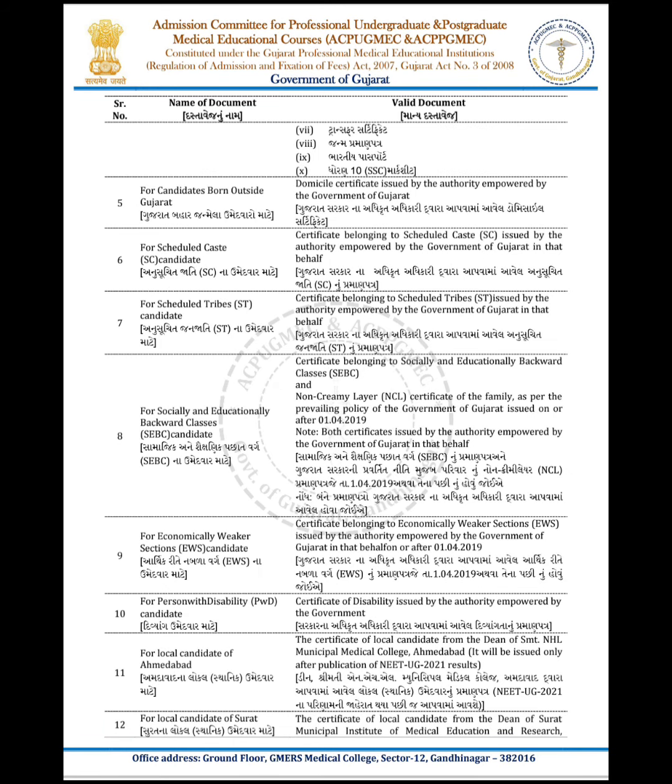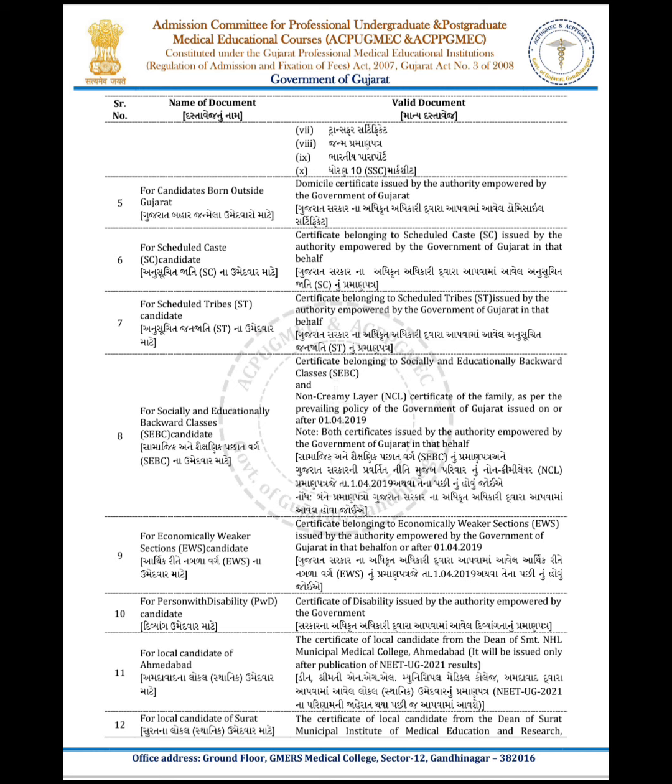Then comes the fifth document, and the fifth document is for those candidates who belong to Gujarat but were born outside Gujarat. For them it is necessary to take a domicile certificate, and that domicile certificate should be issued by the government of Gujarat. The sixth document is for the category students.